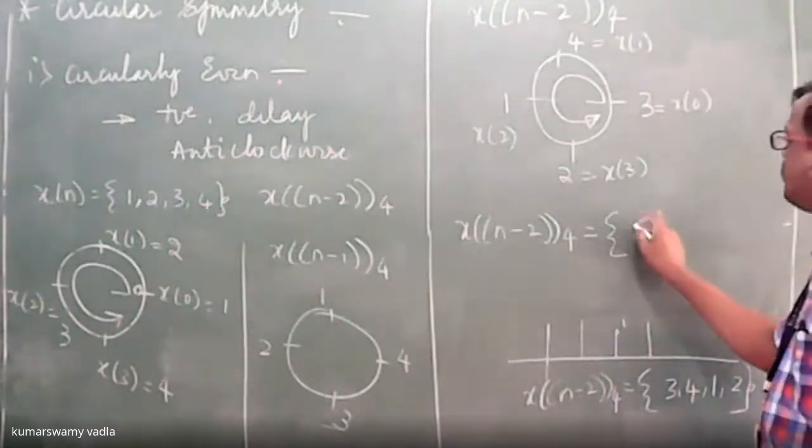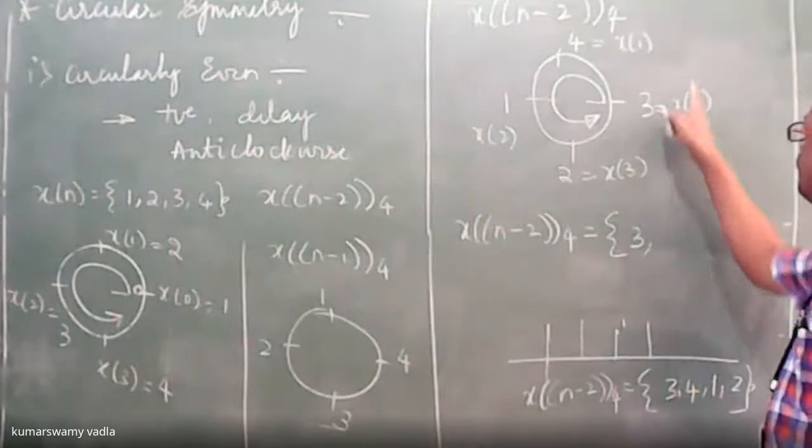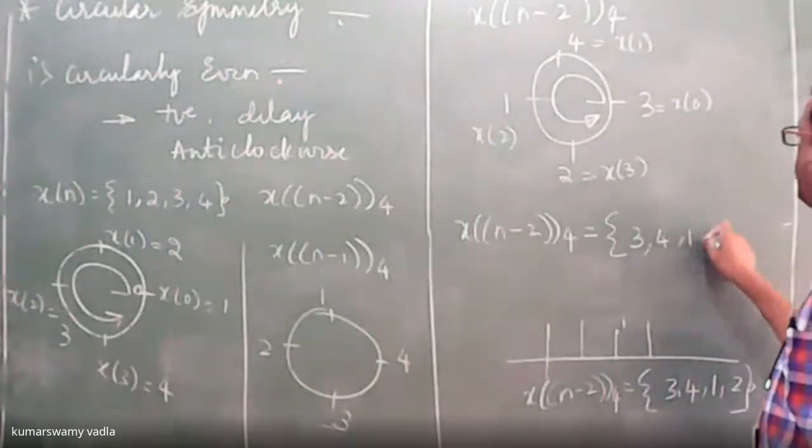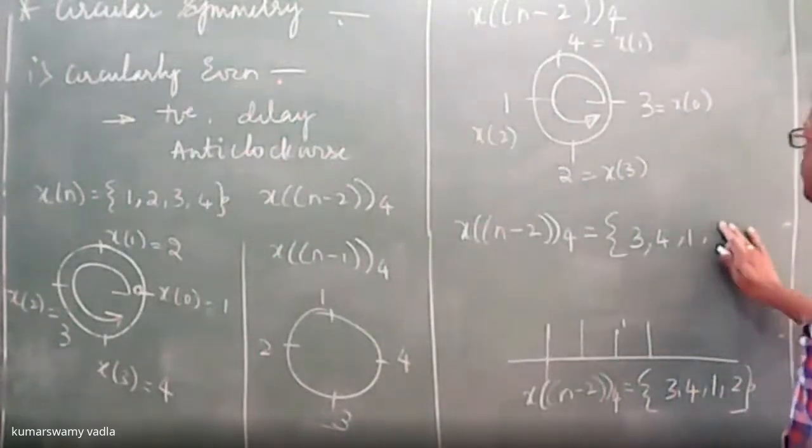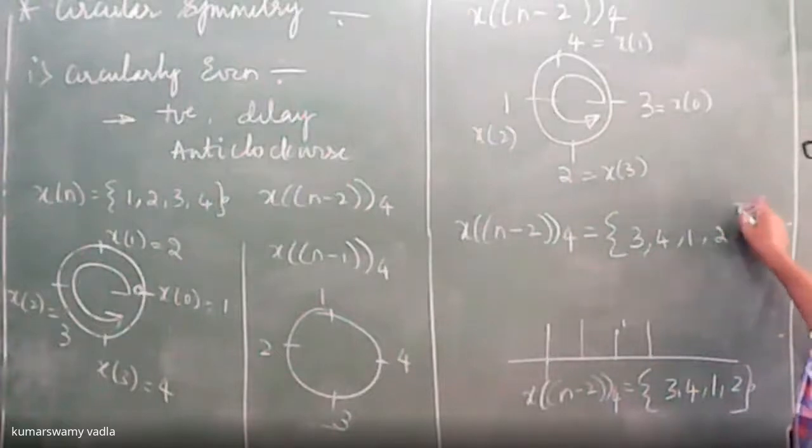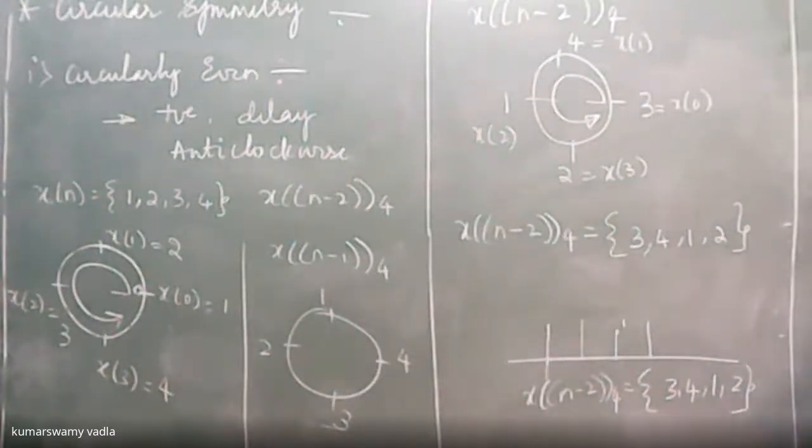So what is x of 0? 3, 4, 1 and 2. Is the point clear here, students?